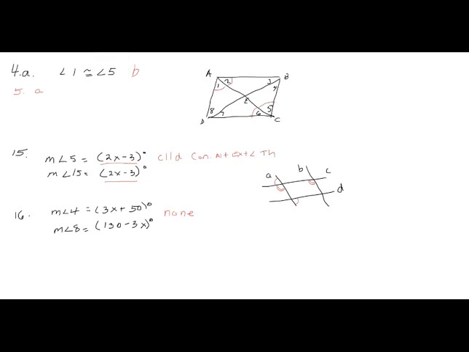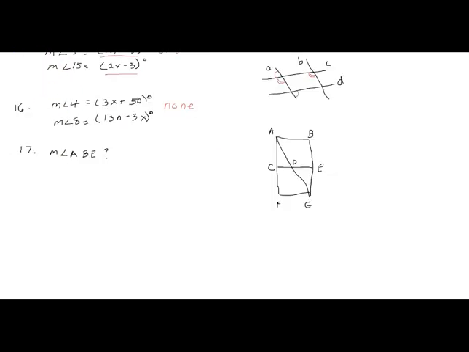All right, number 17. Number 17 has a picture of a barn door. On that picture, there shows a rectangle with a transversal, actually two transversals, if you consider AF and BG to be parallel lines.